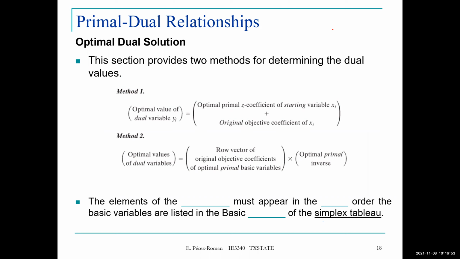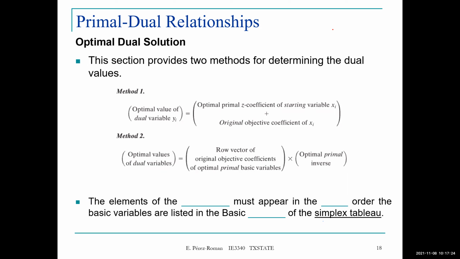Method 1: the optimal value of the dual variable yi is going to be equal to the optimal z-coefficient of the starting variable xi plus the original objective coefficient of xi. Method 2: the optimal values of the dual variables are going to be equal to the row vector of the original objective coefficients of the optimal primal basic variables times the optimal primal inverse.